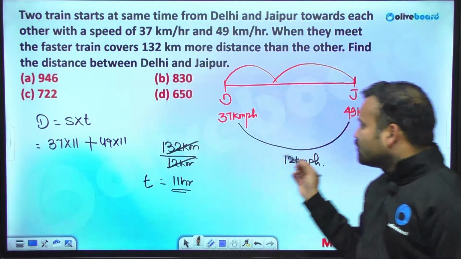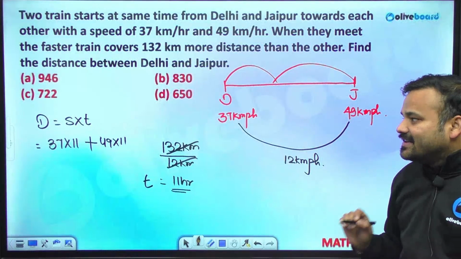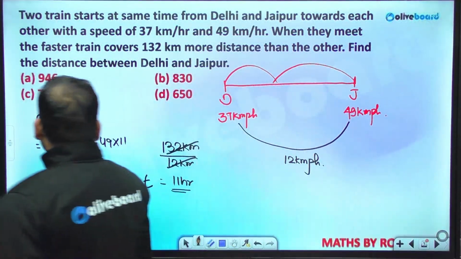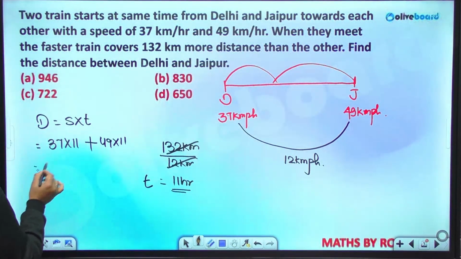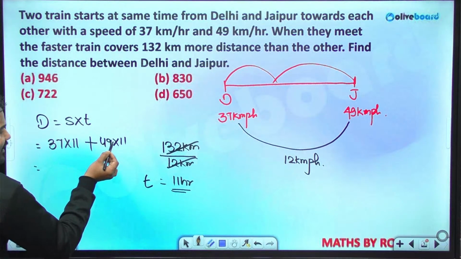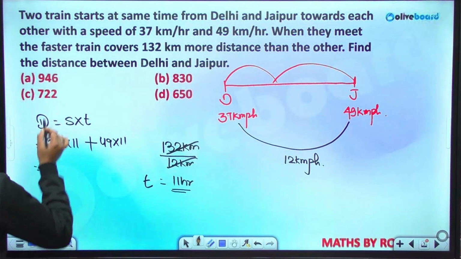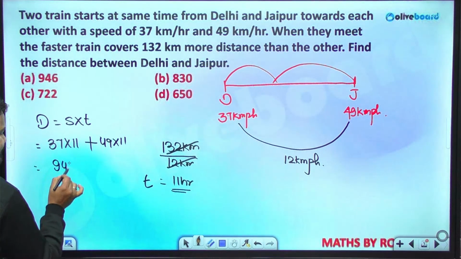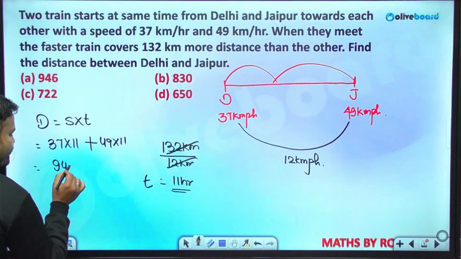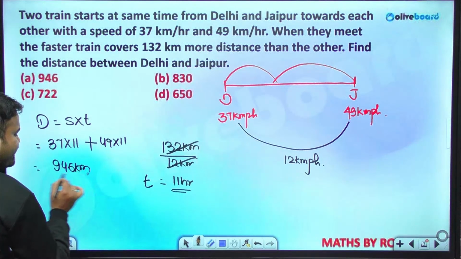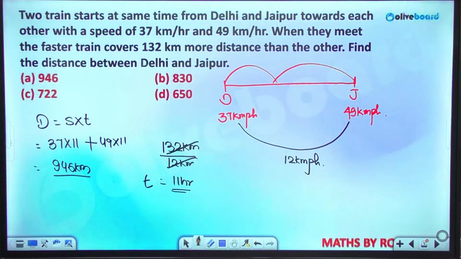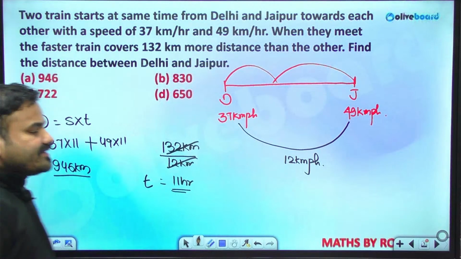Both of them have traveled for 11 hours each. So what is the distance between them? 7 into 1 is 7 and 9 into 1 is 9. 9 plus 7, the units place should be 6. So 946 will be the answer. The entire distance between both the places will be 946 km.